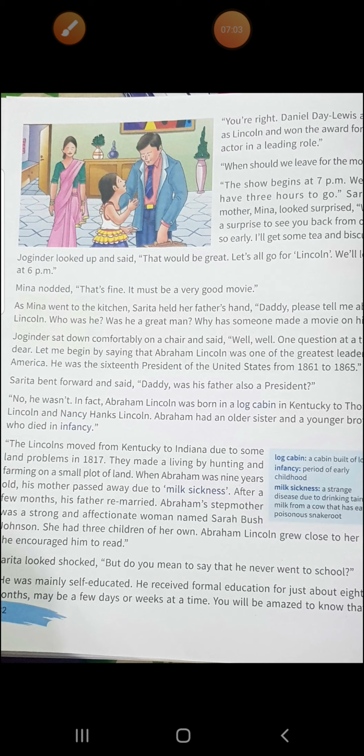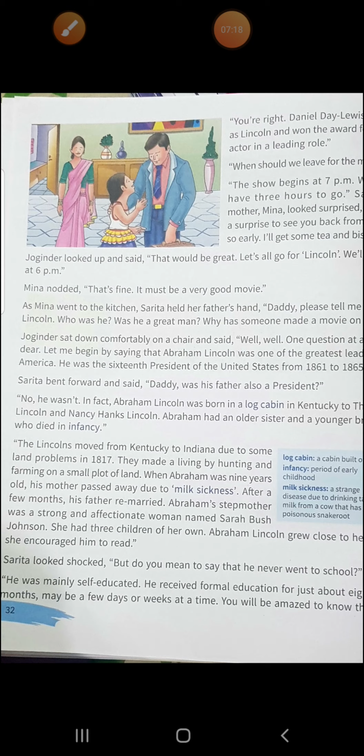Why did he do all that? As you can see, there was not a lot of money for them, but he had so much interest in studying. That is why he loved to read. And who encouraged him to read? His stepmother, Sarah Bush Johnson.